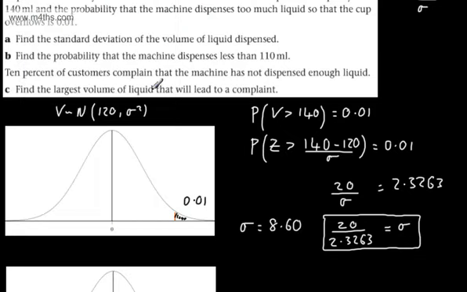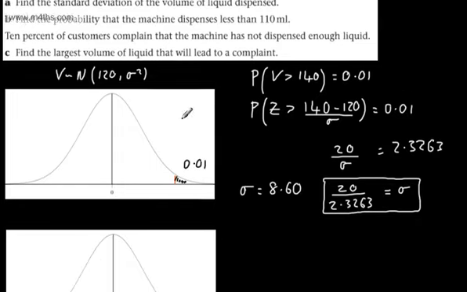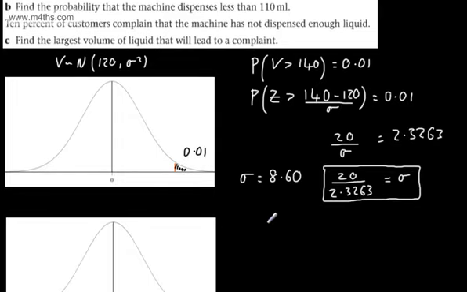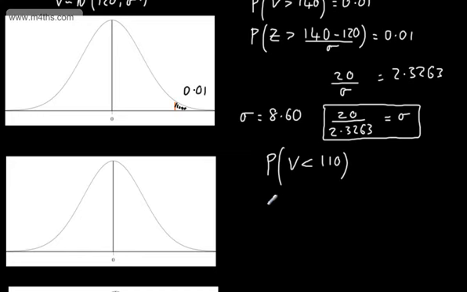Okay, next one. We need to find the probability that the machine dispenses less than 110. So let's look at this. The probability that the volume is less than 110 ml. So again, let's make a substitution, and what we'll now have is the probability that Z will be less than 110 minus mu, which is 120, divided by the standard deviation, which we've got as 8.59 and so on.